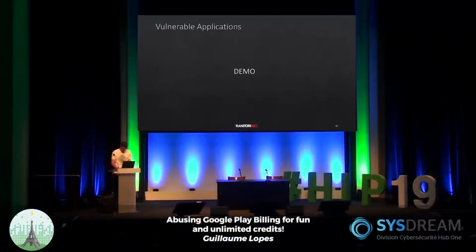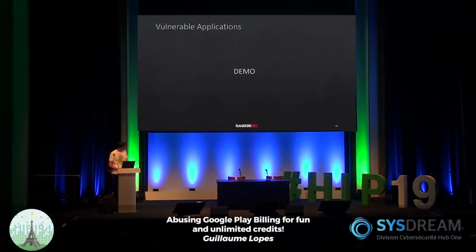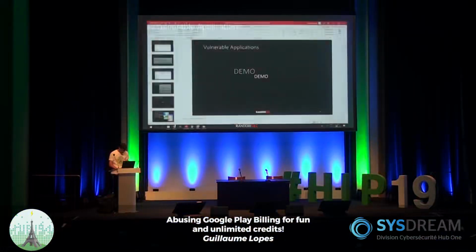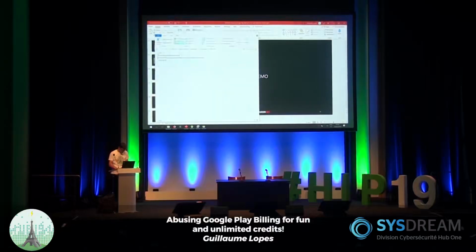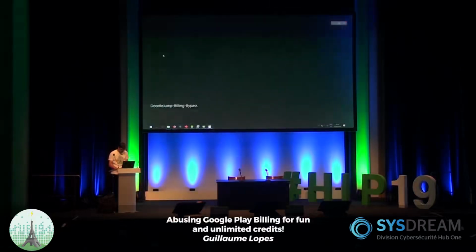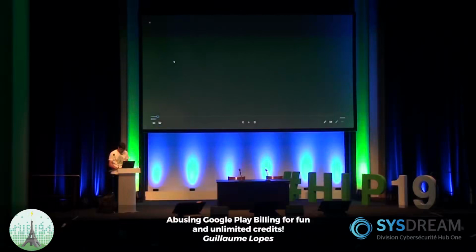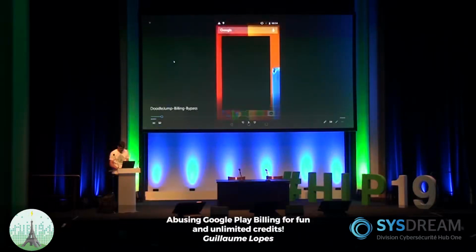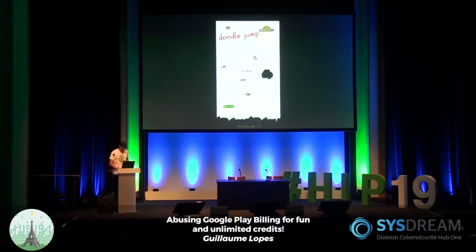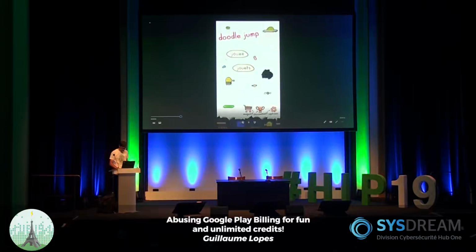Just a quick demo to show you I'm not cheating. In fact, yes, in some stuff I'm cheating, but not for the demo. Okay, so I'm going to launch Doodle Jump. Sorry, it's in French, but I'm going to translate.